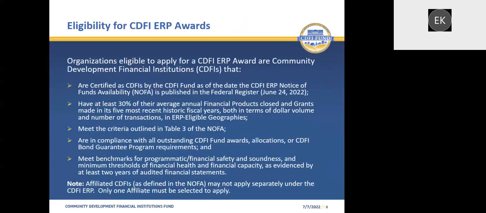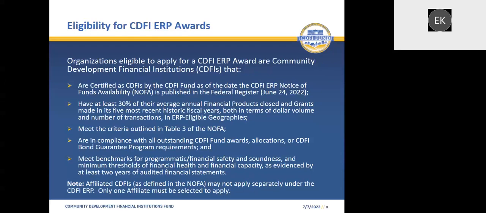Eligibility for CDFI ERP awards. Organizations eligible to apply for a CDFI ERP award are Community Development Financial Institutions, or CDFIs, that are certified as CDFIs by the CDFI Fund as of the date the CDFI ERP Notice of Funds Availability, or NOFA, is published in the Federal Register, or on June 24, 2022.